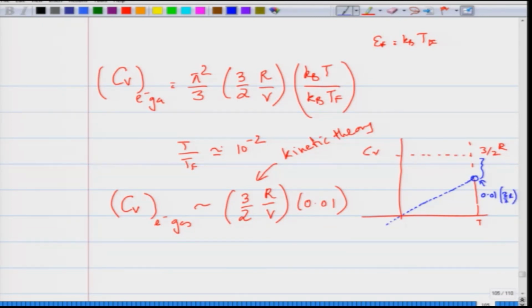This is a hypothetical value or a theoretical value which is obtained by considering the gas classical having a Maxwell-Boltzmann distribution, and it will give you 3/2 R.